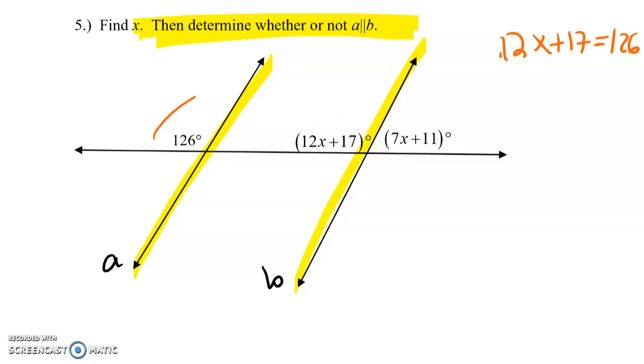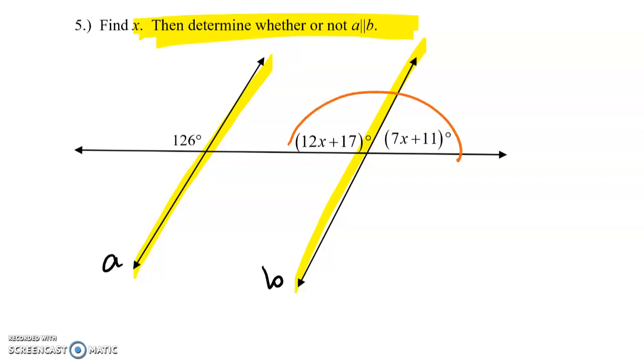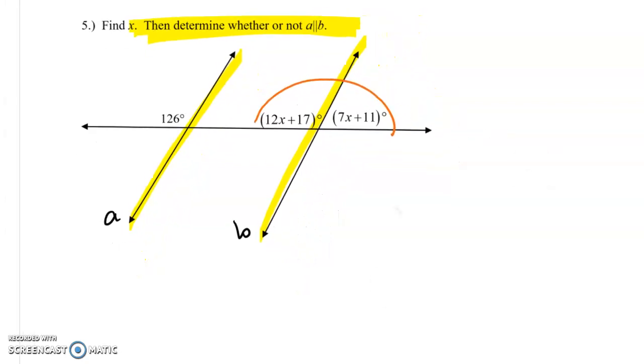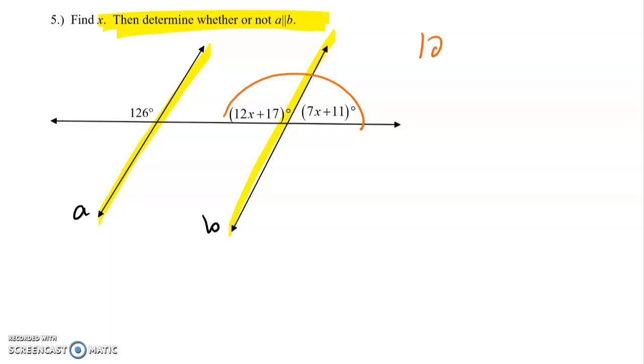They might not be. There is one thing that you are allowed to write that is true, and that is that these two angles here will always add to 180 degrees. So our equation that we are allowed to write is 12x plus 17 plus 7x plus 11 equals 180.